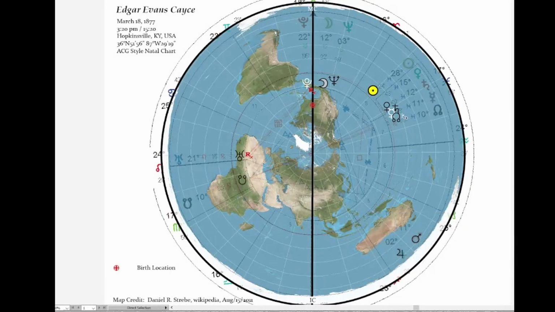So what I did was, on Cayce's chart, you'll see the sun here, Venus, Saturn, and I put all the planets close-ish to where they are on his chart. The moon is here, your ascendant is here, Uranus is just above the ascendant over here.